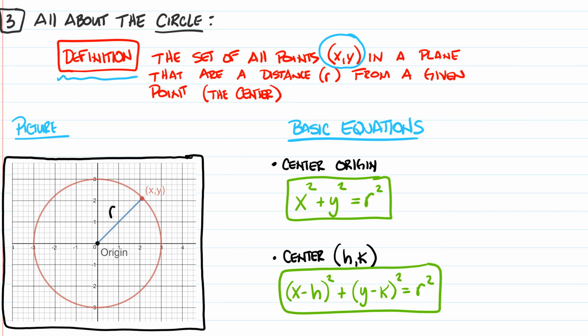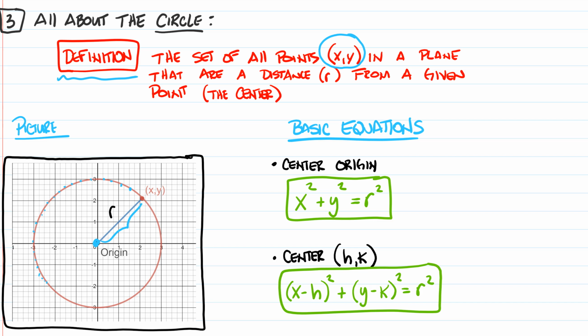If you look at the picture here, the set of all the points, I'm talking about all these points right here that are an equal distance. There is literally an infinite amount of points if you go around the circle. But if we take each one individually, it counts as an x and a y. They are a certain distance r away from a center point, which in this case happens to be the origin. Okay, so that's the picture.